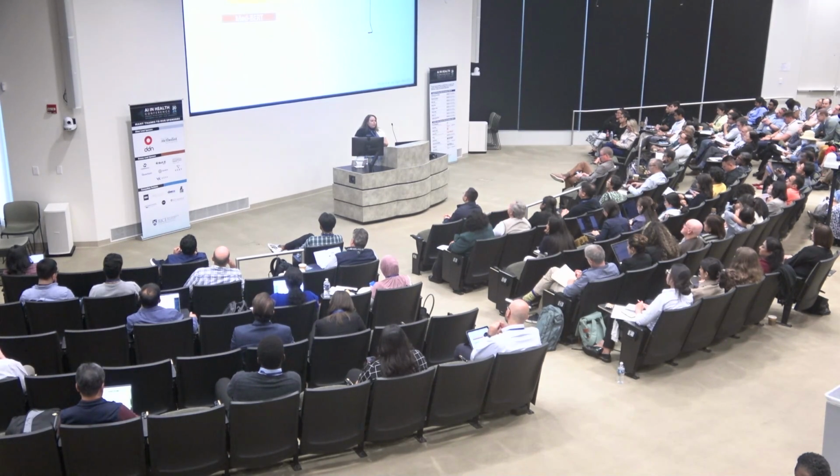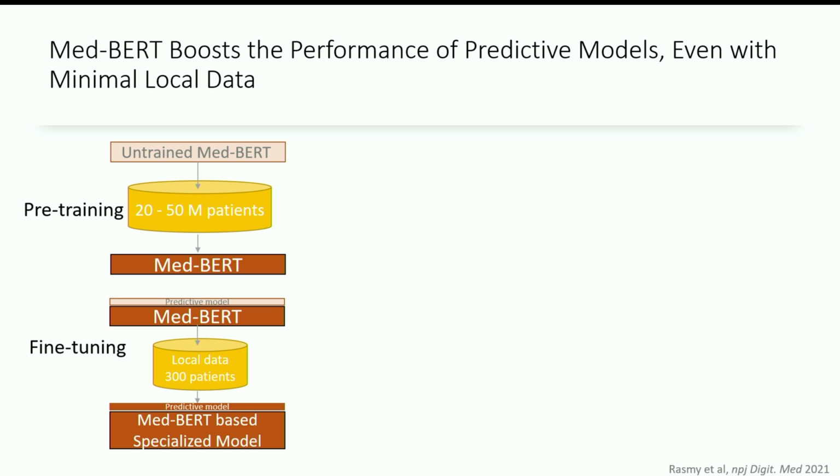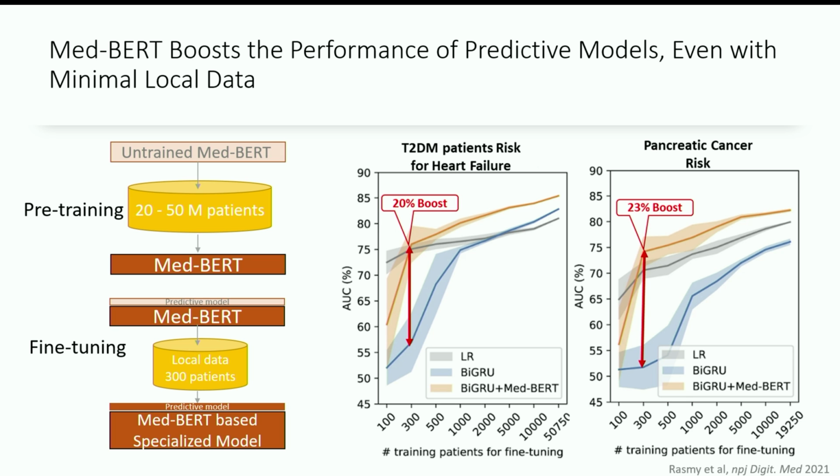So just to summarize what I have said here, we trained MedBERT. We have different variations. We have trained on 20 million, 50 million. We have now another version that is trained on more than 100 million patients. And we fine-tune this on smaller local data, and we get a more specialized model based on the task. As you can see here, we can achieve more than 20% boost in the performance.